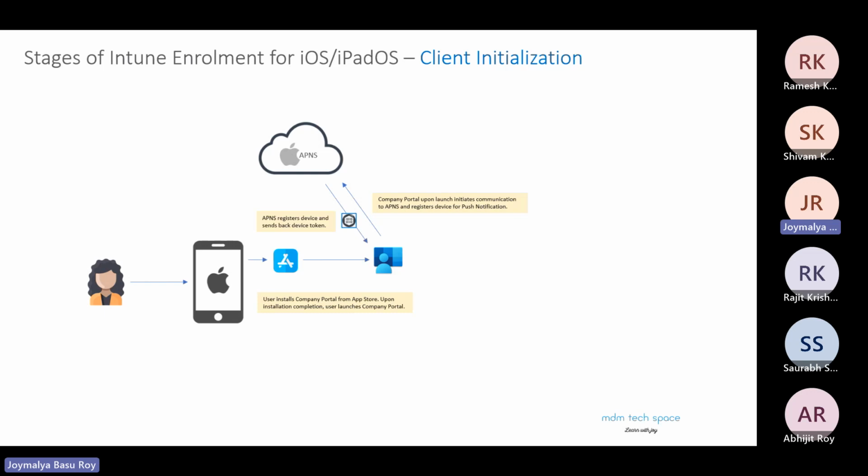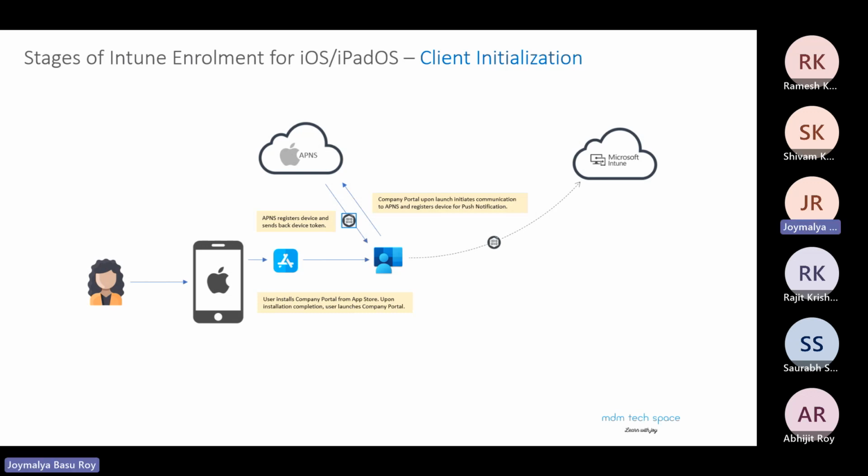The Company Portal receives the push notification token and saves it in its cache, which it will later send to Microsoft Intune for device enrollment purposes. It does not send the token to Microsoft Intune at that moment.